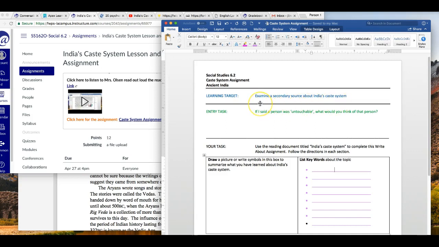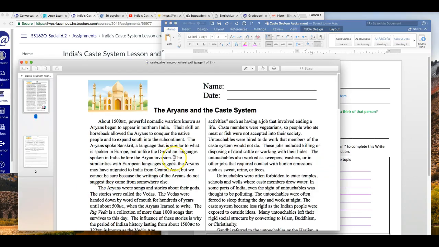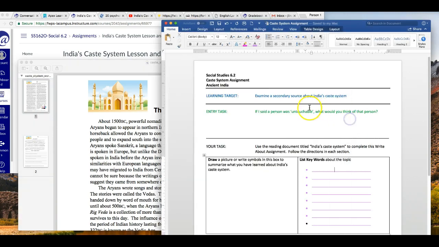When we have a written document and we examine it, we are reading, we are defining, we're really looking at the ins and outs of everything that is written down. Okay? Now, a secondary source is something that was written later than the time period that it was written about.